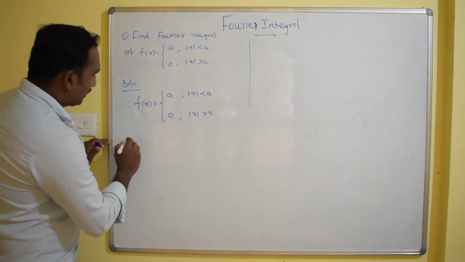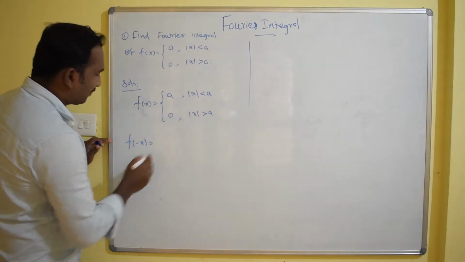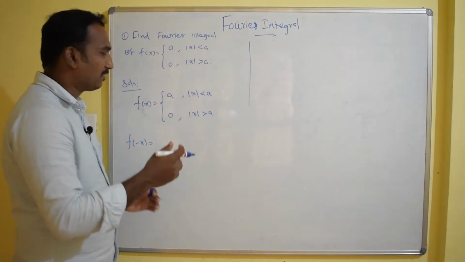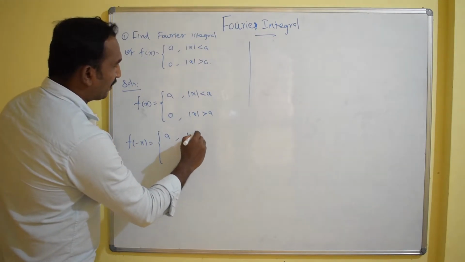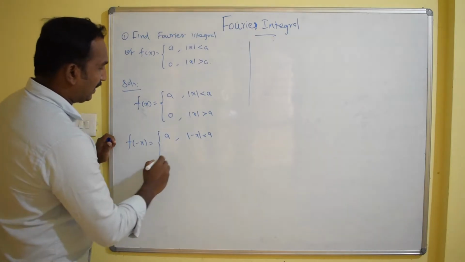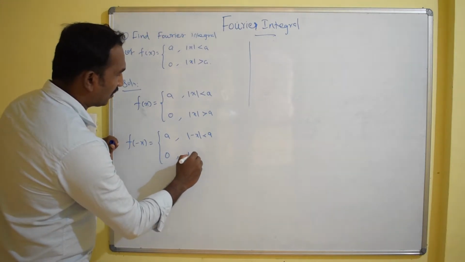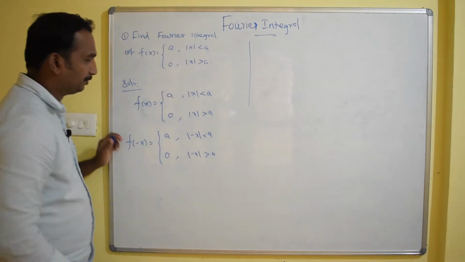I'm going to consider f of minus x here, that is, I am replacing x with negative x. So this will become a when modulus of minus x is less than a, and 0 when modulus of minus x is greater than a.